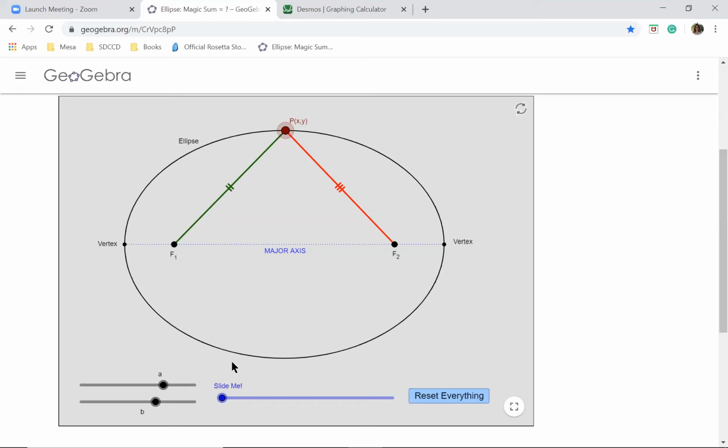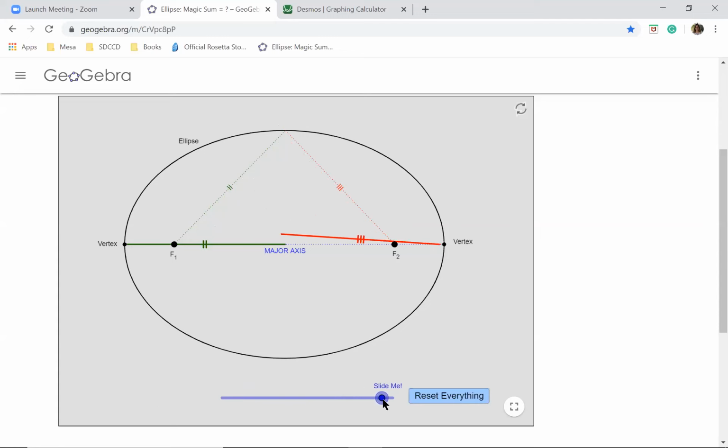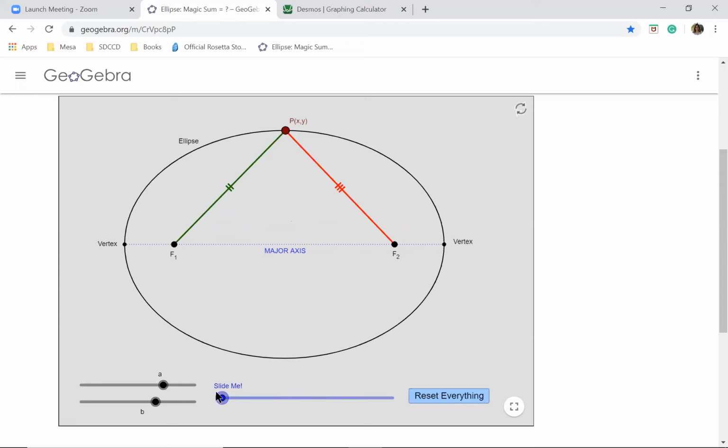Watch this. This is going to take one segment and put it onto the axis. This is going to take the other segment and put it onto the axis. I can see that both of those are identical. They fill the whole thing. And since we just said that the length there was 2A, then each of these is going to be A in length.